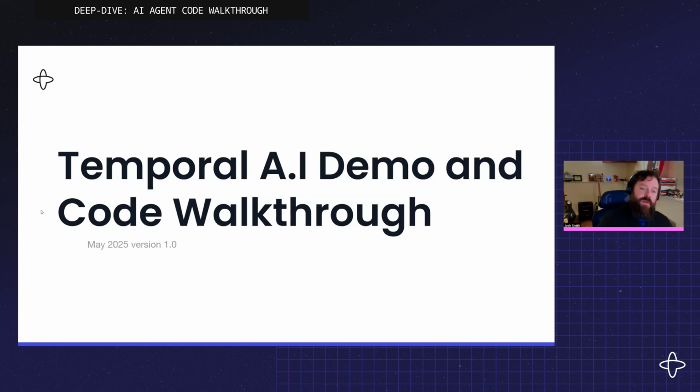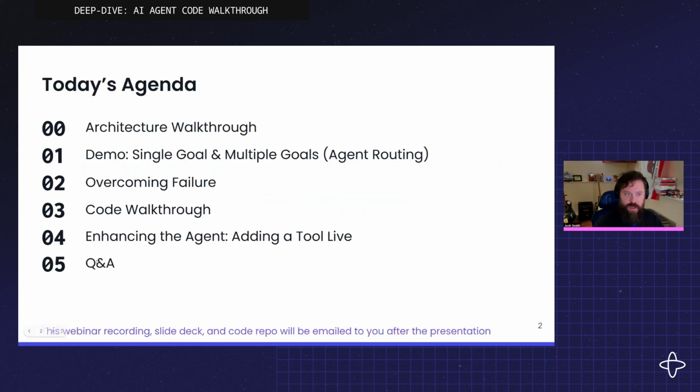All right. So welcome, welcome. Thanks for showing up. This is our agenda for today. We're gonna walk through the architecture of this agentic AI system with Temporal. I'm gonna do a demo of single goal.